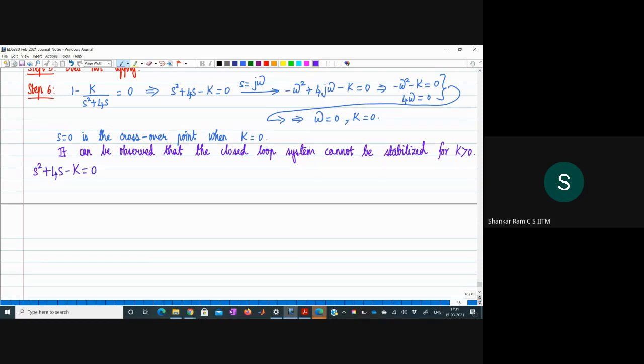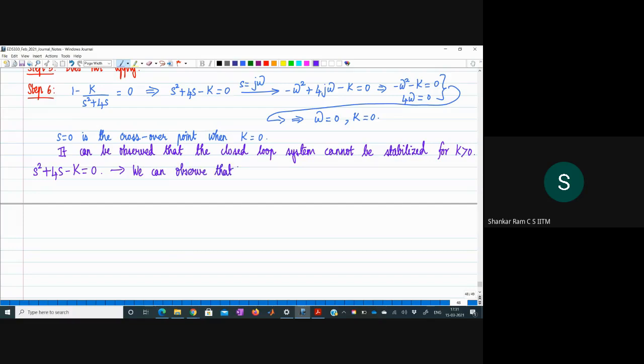This is s squared plus 4s minus k equals 0. So when do you think the closed loop system will be stable with positive feedback? K is negative, right?